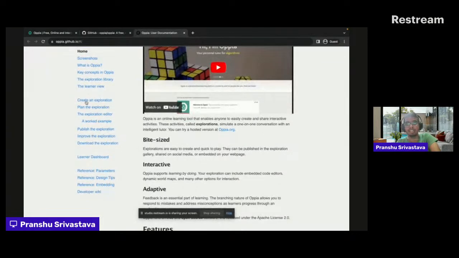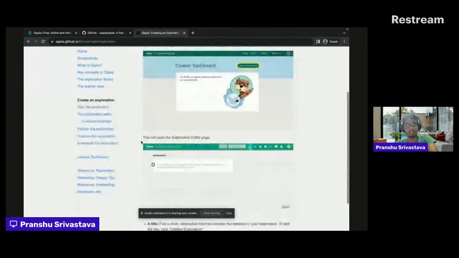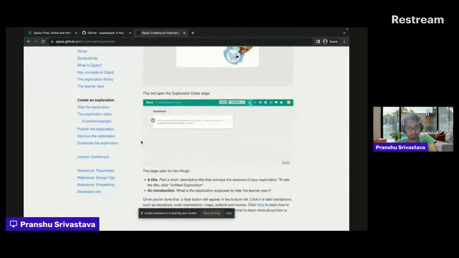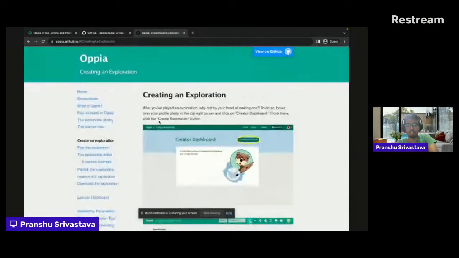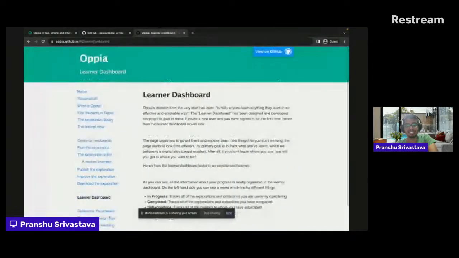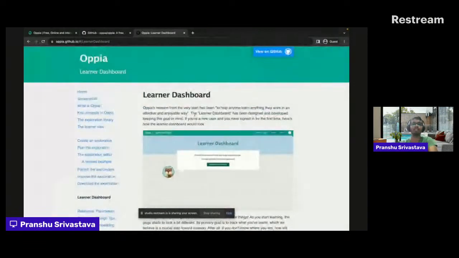So as you can see, it only has information about the features of the site that it uses. So how you can create an exploration, how you can plan the exploration, and the dashboard that you can have, and all these things that a user might need for contributing to this project.